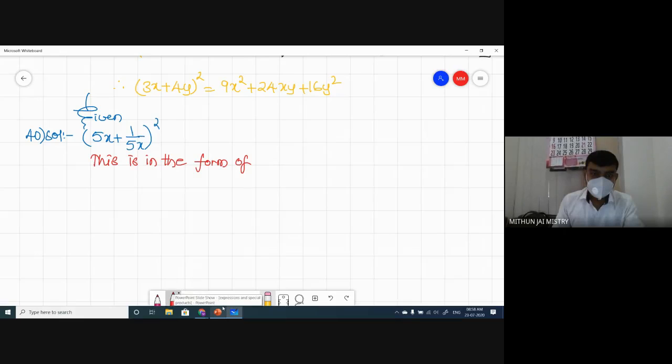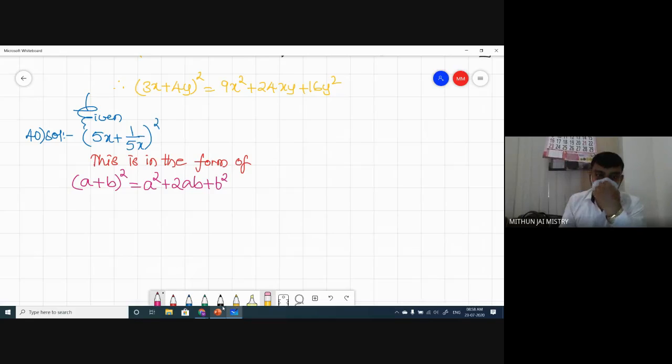So that later I can write exactly below that the given one, and I can compare what is a and what is b. So a square plus 2ab plus b square. So picking the appropriate identity is over. Now let me write the given one once again here: 5x plus 1 by 5x whole square.